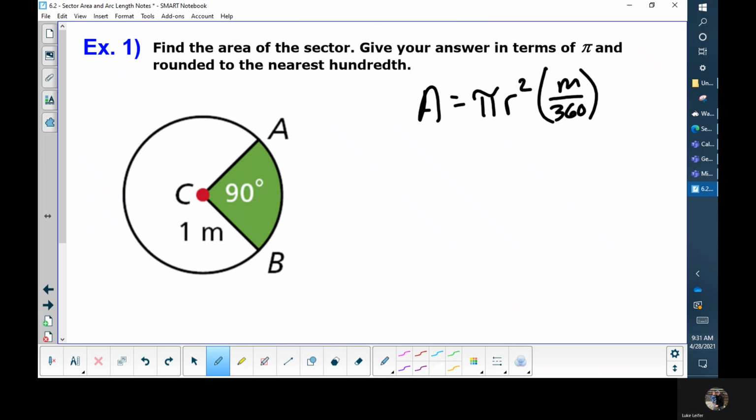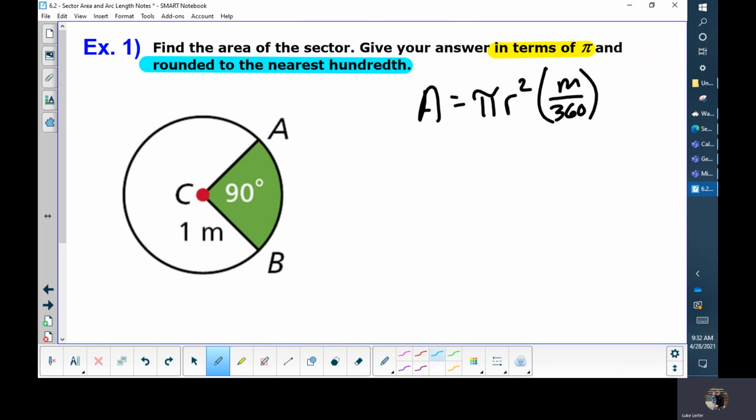Okay, if I look at the instructions, just like we did with the entry, you'll notice it says, give your answer in terms of pi and round your answer to the nearest hundredth. Okay? If it says in terms of pi, that means leave pi in your answer, right?